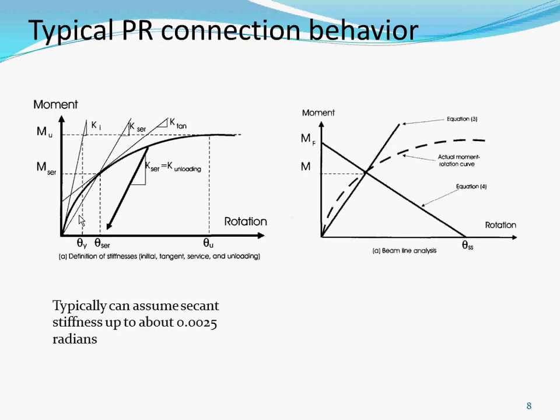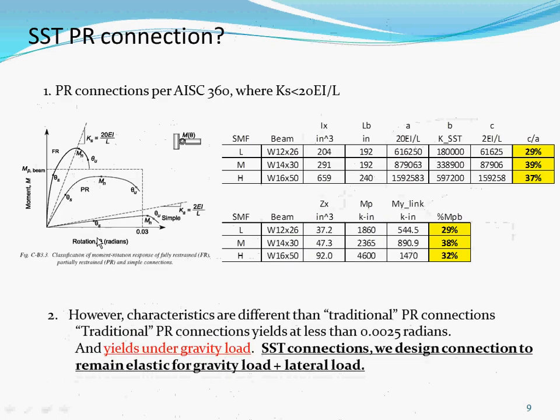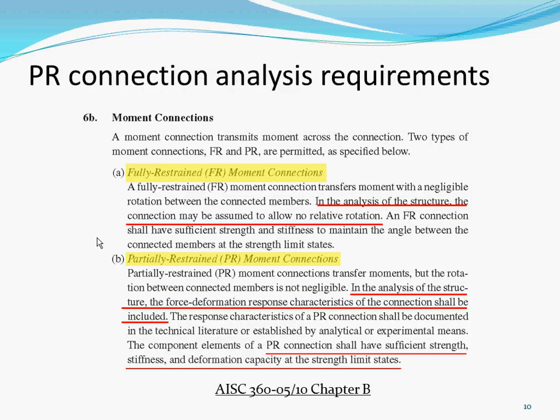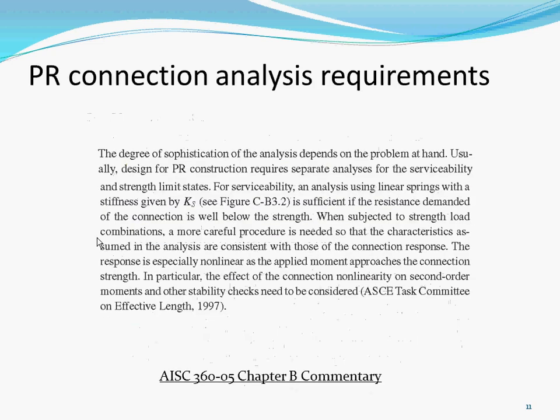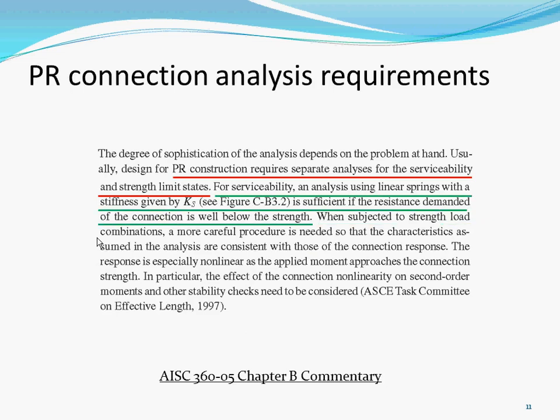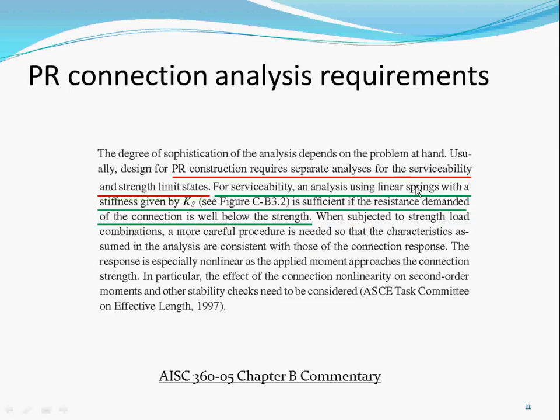So when you have the beam and column, you do one at each end, and the stiffness of that spring is the secant stiffness, which they get from serviceability and how much rotation is in the connection. I'll get into that later in our connection, but just to point out what people do when they have a PR connection and what's required by code right now. So for analysis, you would use a linear spring with a stiffness at the joint.